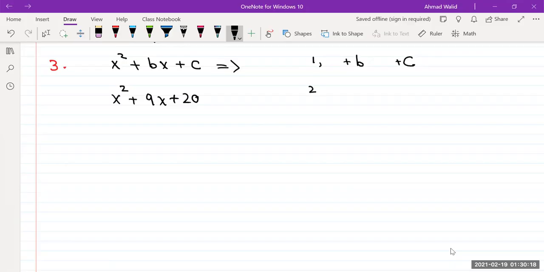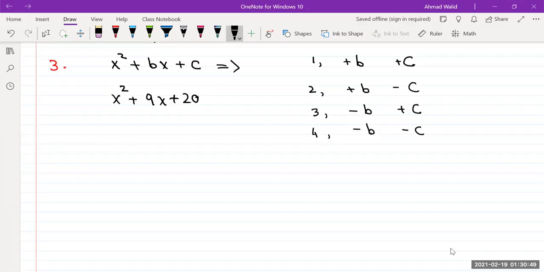In case 2, B can be a positive number, C can be a negative number. Case 3, B can be a negative number, C can be a positive number. And case 4, both of them can be negative. You are dealing with 4 cases or 4 scenarios to factor a trinomial.